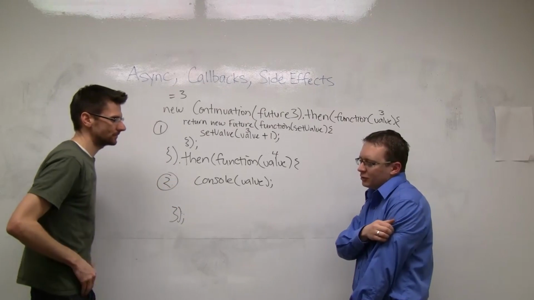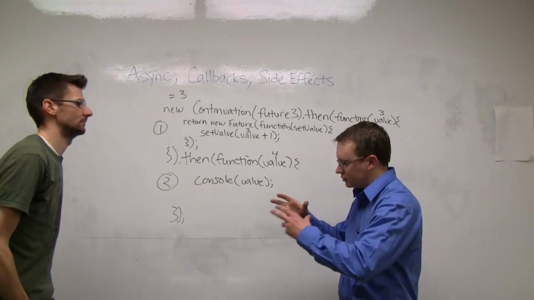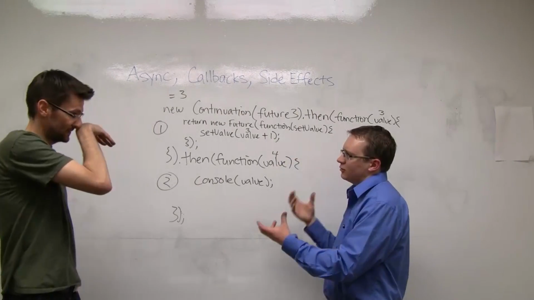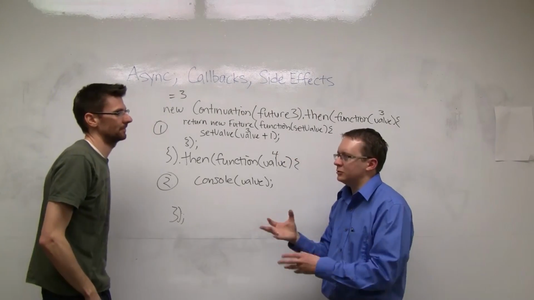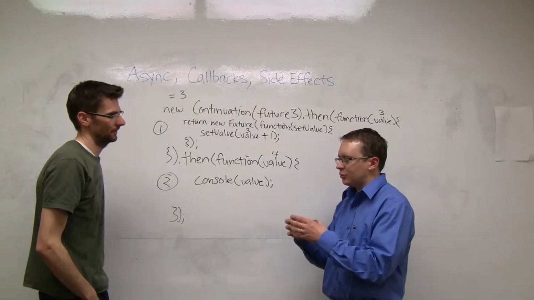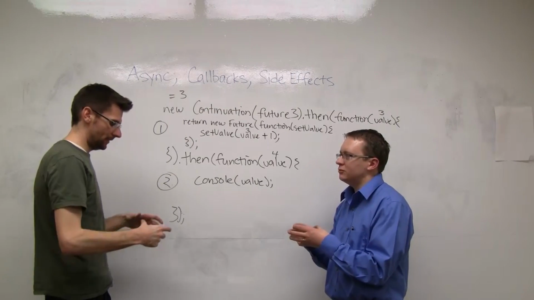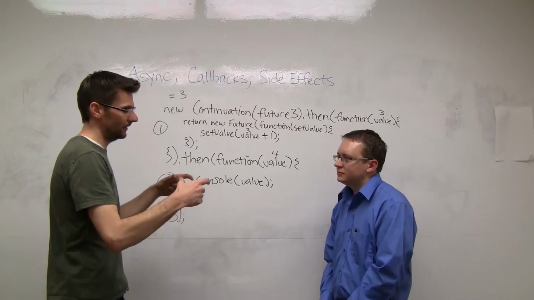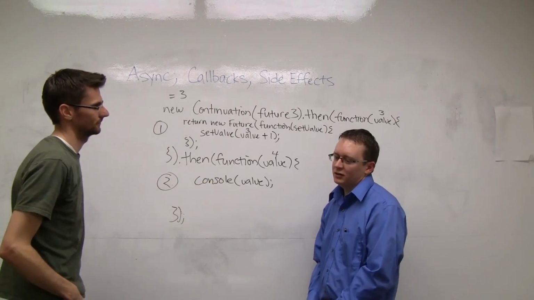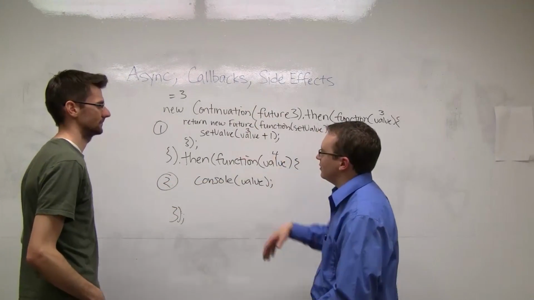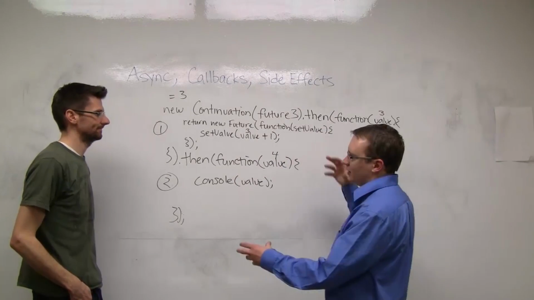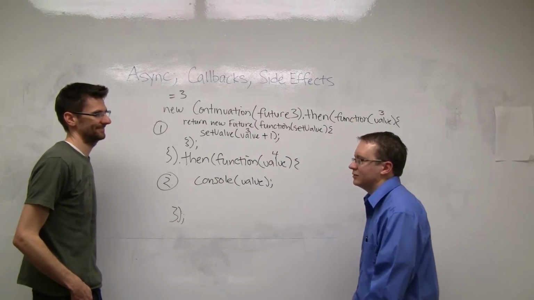Putting the continuation on the future confuses it and gives it too many jobs. It really has one job, and that's to promise a value at some time in the future. That's its job. It doesn't do anything else. And then we add the continuation on later. Extend the prototype. This is JavaScript for crying out loud.